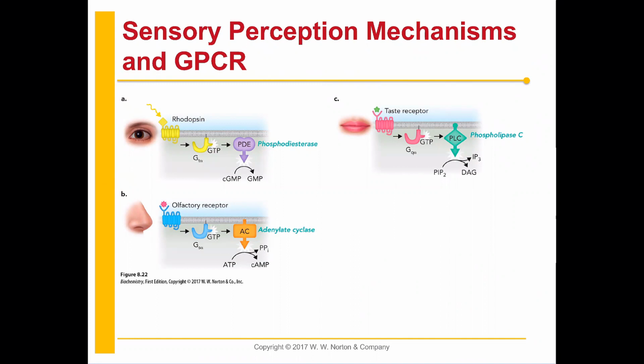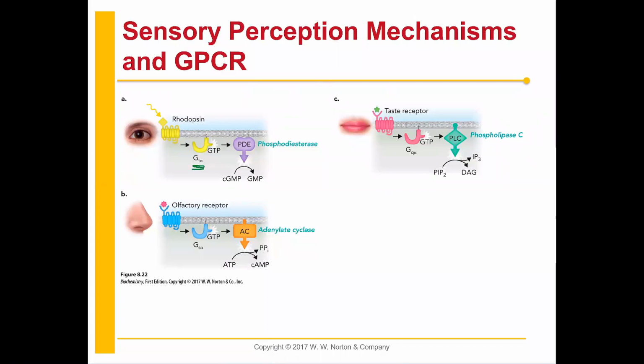And if you look at them, the whole reason that they're different is because they're regulating levels of different secondary messenger molecules. So here in A, we have light being absorbed by a retinol group, and that group in rhodopsin activates our GT alpha subunit.